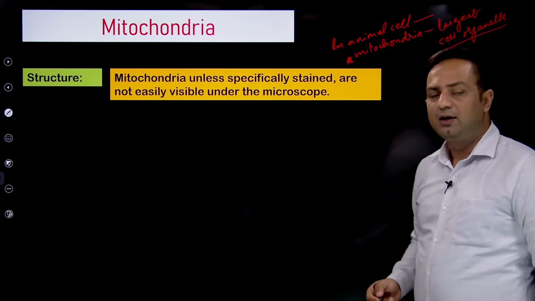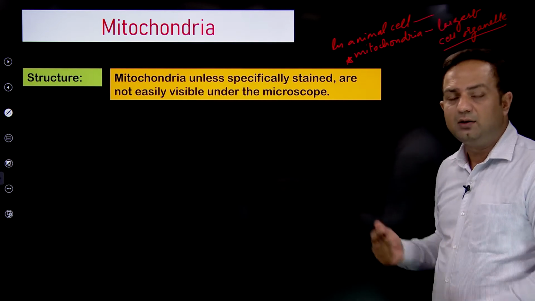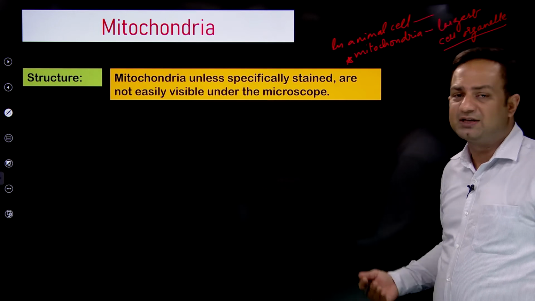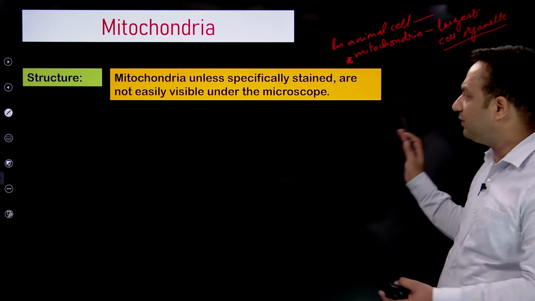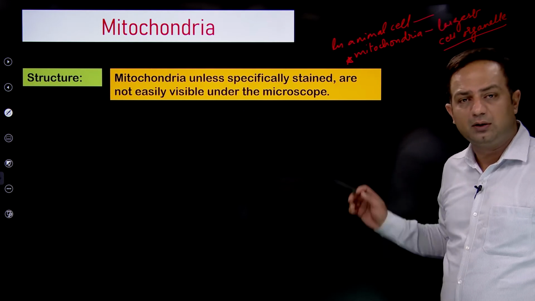In a plant cell, the size of the plastid is greater than mitochondria. But right now we are talking about mitochondria only. About the plastid, we are going to mention such points later on.